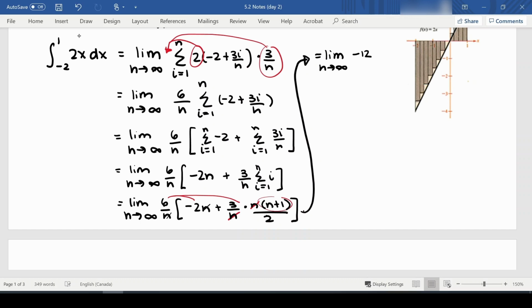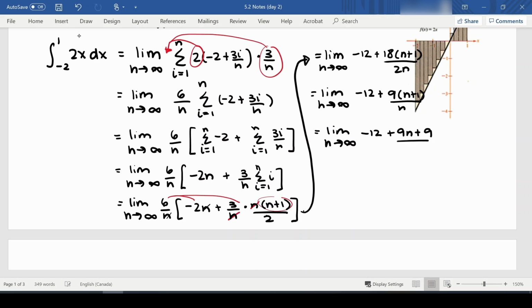And then we'll end up with 18 times n plus 1 all over 2, which gives me the limit as n approaches infinity of negative 12 plus 9 times n plus 1, which gives me the limit, I should have an n on the bottom here, as n approaches infinity of negative 12 plus 9n plus 9 over n.